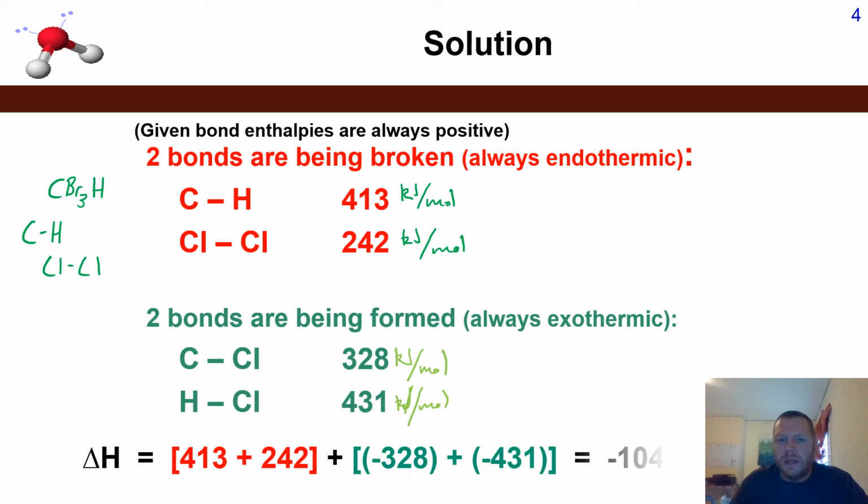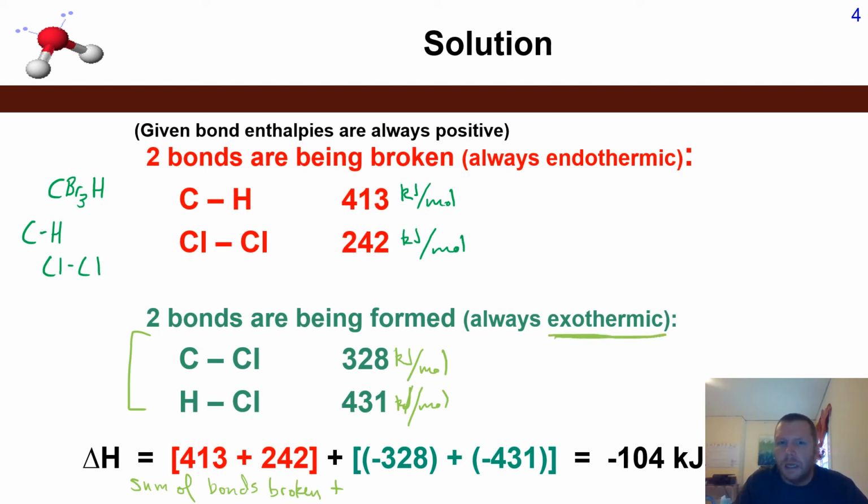Now, ultimately, we can look at this as the sum of bonds broken, plus, keep in mind that the bonds being formed are going to be exothermic, so we want to look at those as negative values.